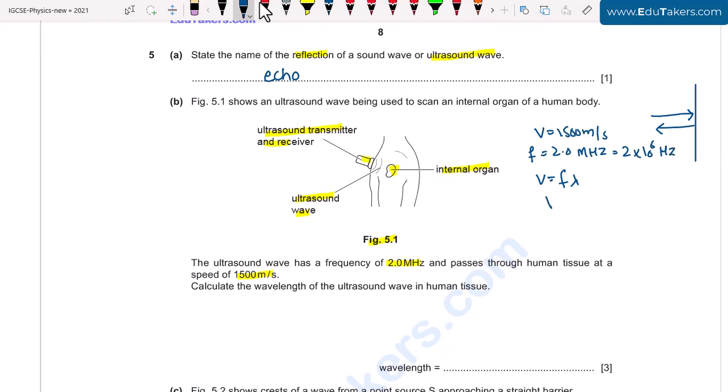And we have to calculate wavelength. Lambda will be equal to v over f. By putting values, we get lambda comes to be 7.5 into 10 to the power minus 4, and the unit of wavelength is meter. So wavelength will be equal to 7.5 into 10 to the power minus 4 meters.